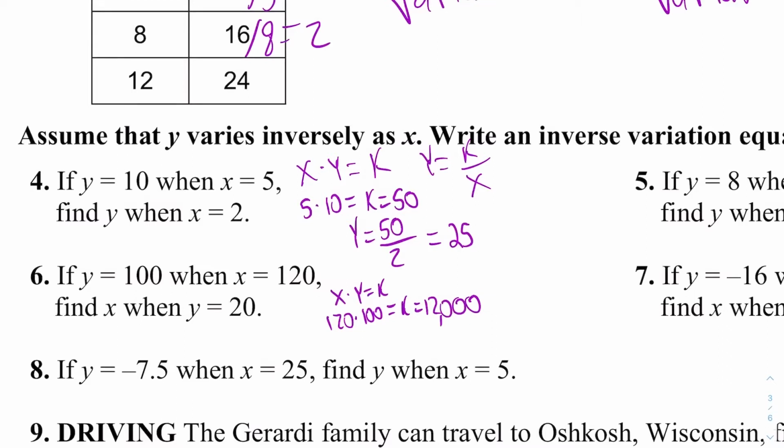So y equals 20, and 20 is equal to 12,000 divided by x, which means that x is equal to 12,000 divided by 20. Cancel out some zeros, divide by 2, x is equal to 600.